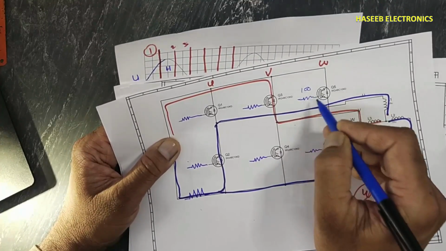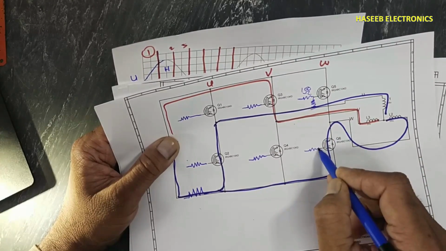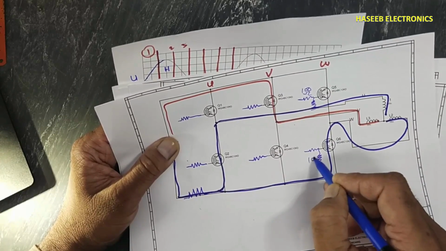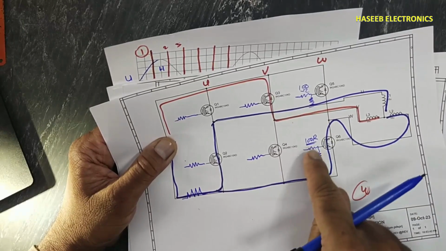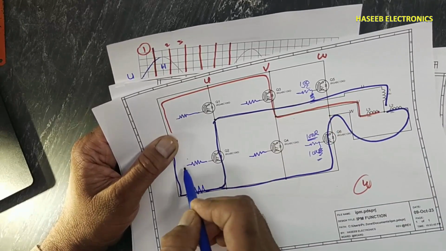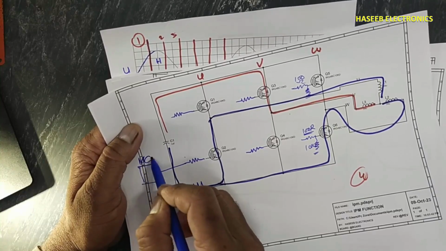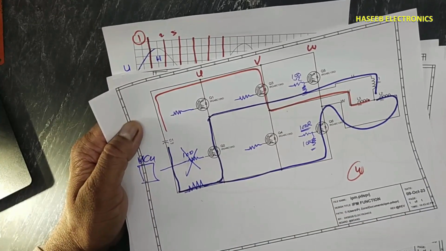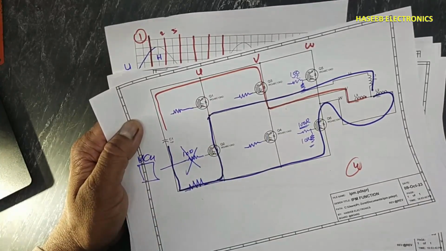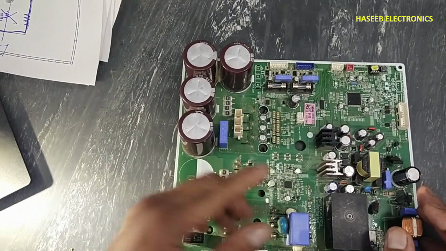A 100 ohm resistor, and here we have a 10k resistor. This 100 ohm resistor, if it is damaged, this signal is coming from the MCU, microcontroller. If this resistor is bad, this IGBT will not switch. This is the most common failure. And sometimes the IPM is bad.